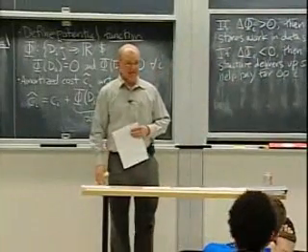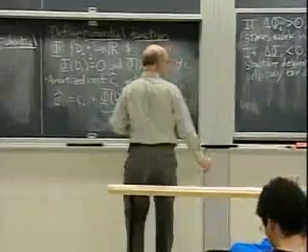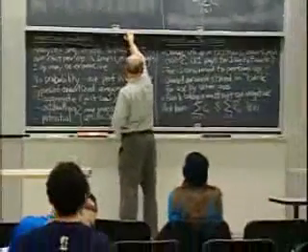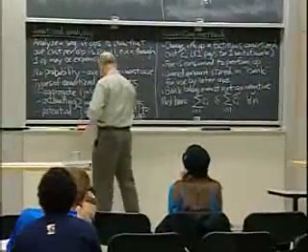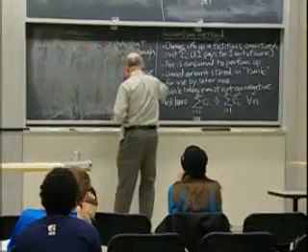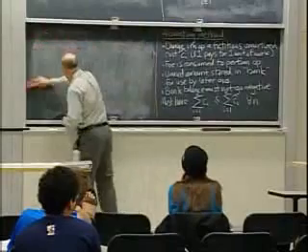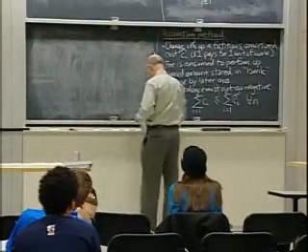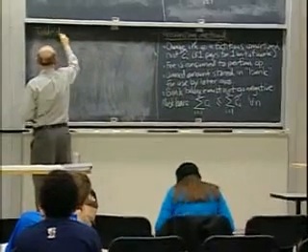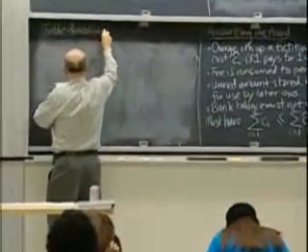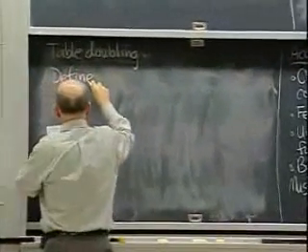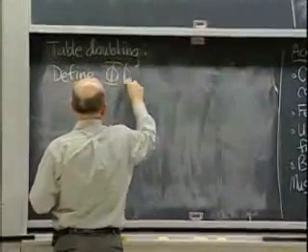Okay, let's do table doubling. Over here. So to analyze this, we have to define our potential.